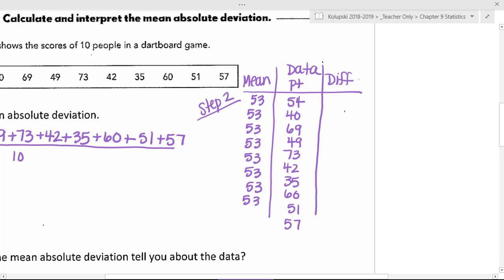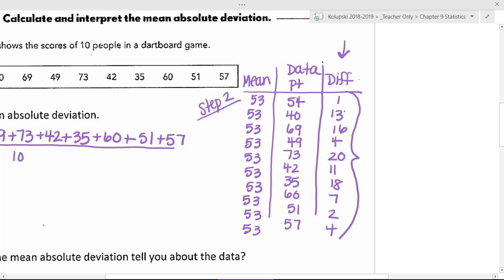So these two are probably the easiest parts because we haven't done any math yet. Now I'm going to go ahead and subtract. Remember, it's the distance. So if you get a negative, we want to switch it to a positive, because distance is never negative. So this is what I care most about from this chart, is those differences.